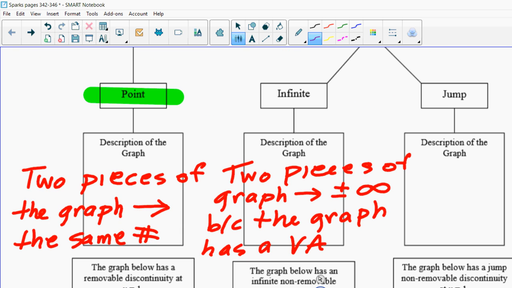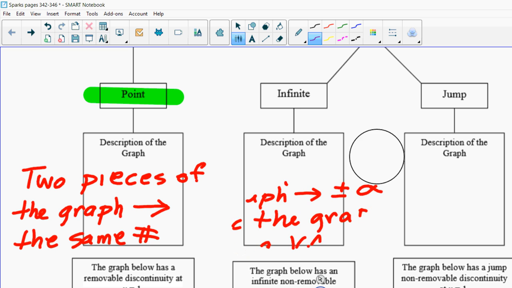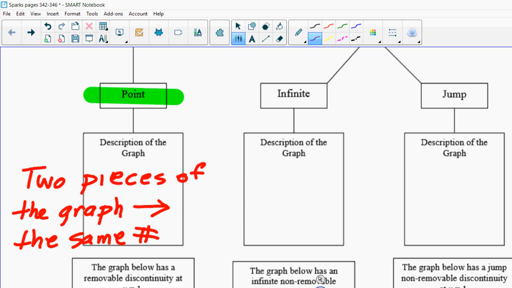Last graph. The last one is a jump discontinuity. Do you remember a jump? A jump discontinuity is when the y values approach two completely different numbers. So, description: the two pieces of the graph approach different numbers.